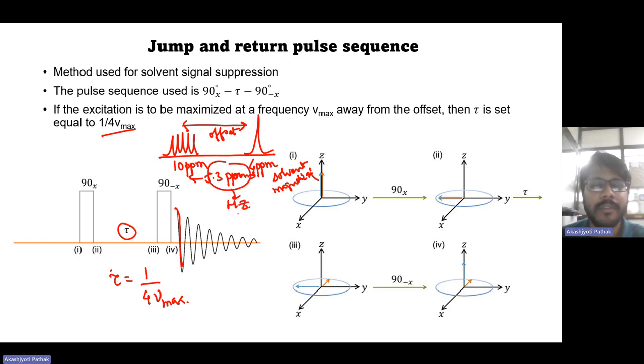We had already seen how we convert ppm into hertz. So that should be the value of tau, for suppressing the solvent signal using this jump and return method. Okay. I hope these points are clear.